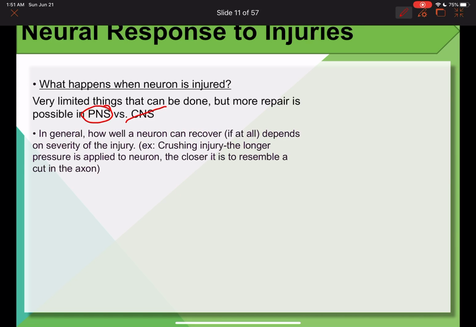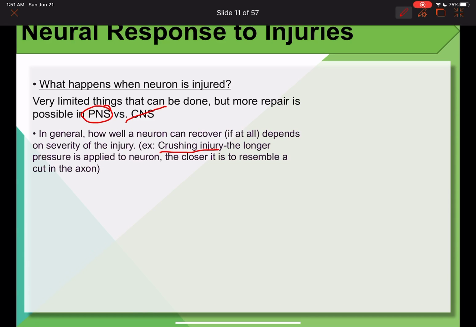But in general, how well a neuron can recover, if at all, like I said, it's still kind of up to Mother Nature kind of deal. It all depends on the severity of the injury. For example, if it's a crushing injury, meaning that maybe a person was trapped in a building when it collapsed, there's an earthquake or something, and a huge stone landed on their leg and it's sitting on their leg.